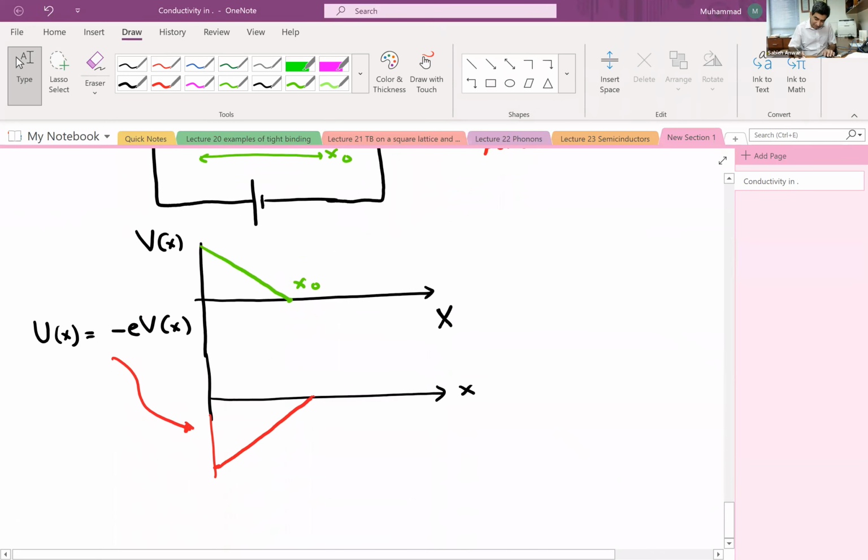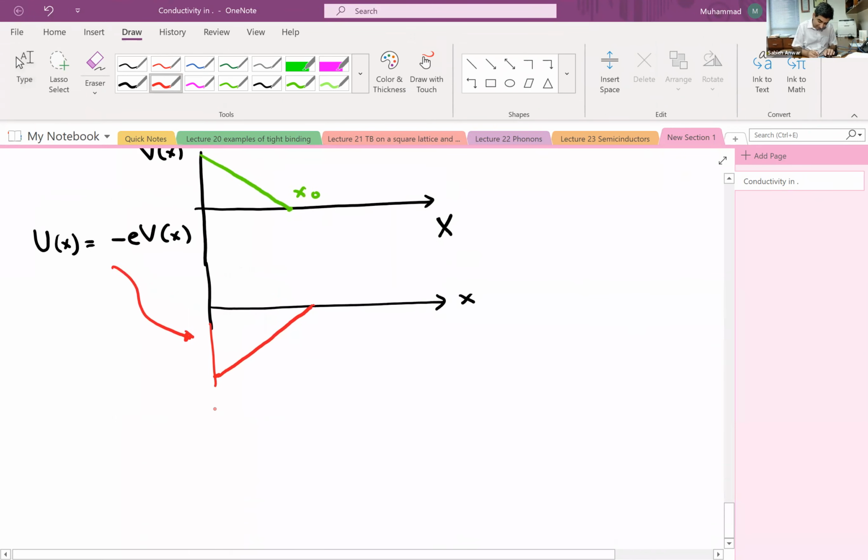So if I were to draw the chemical potential of this system with respect to X with some arbitrary reference, the chemical potential is going to slope downwards. Now this axis is my chemical potential, this is my X. So the electron is going to flow downhill from a high chemical potential to a low chemical potential.